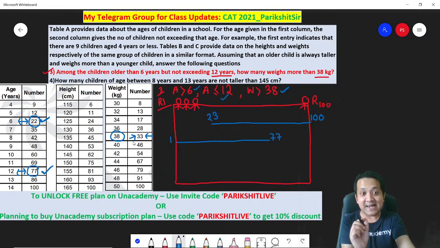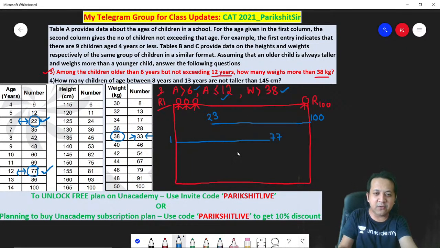The question is asking you just the reverse. How many are more than 38? So can I say the remaining? Leave aside 1 to 33. The remaining means 34 to 100. Super awesome, and you are done.